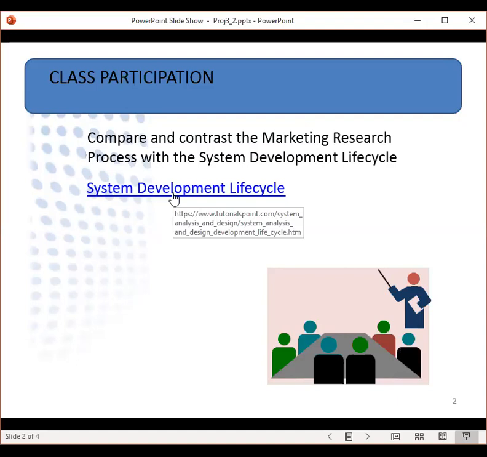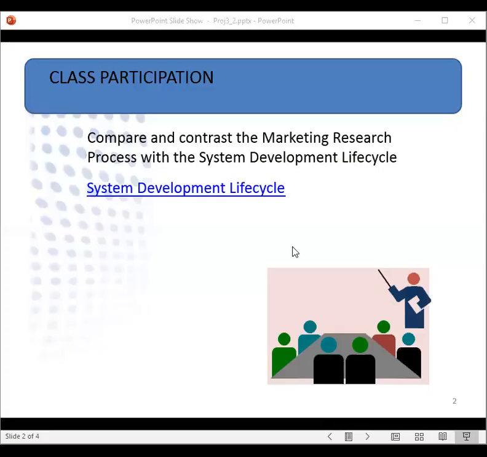Hopefully this will reinforce the concepts we talked about last week in the marketing research process. So again, take 20 minutes, read through the system development life cycle, and then compare and contrast that with the marketing research process. And when we come back, I'll have you give your reports on this.